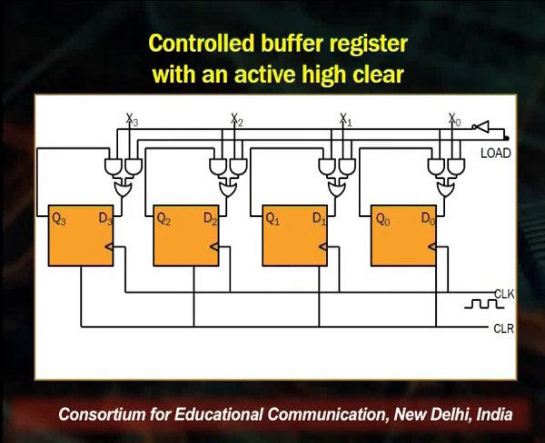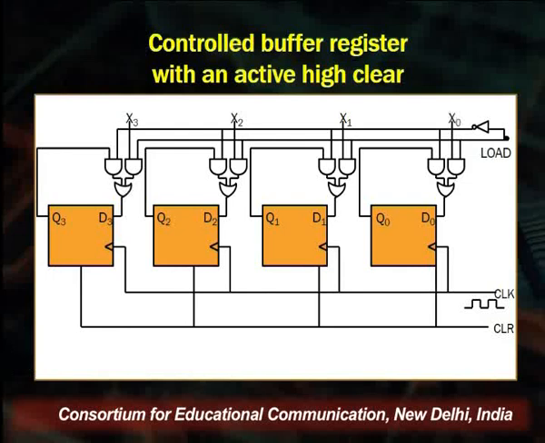When the load signal goes 1, then the load signal complement would be 0, and hence the AND gates located on the left would give their output as equal to 0, irrespective of the values of Q3, Q2, Q1, Q0, which are input to the left AND gates.